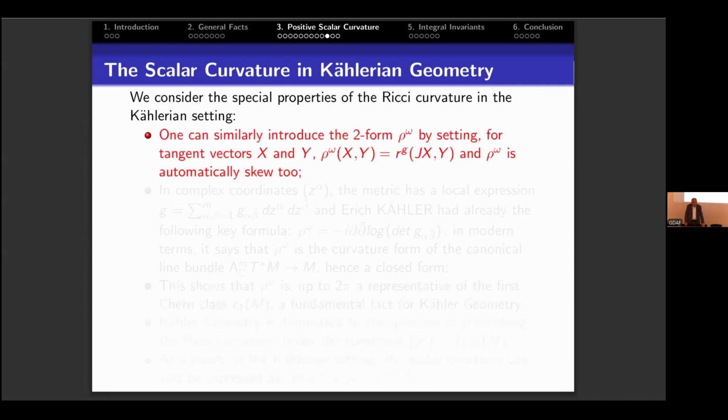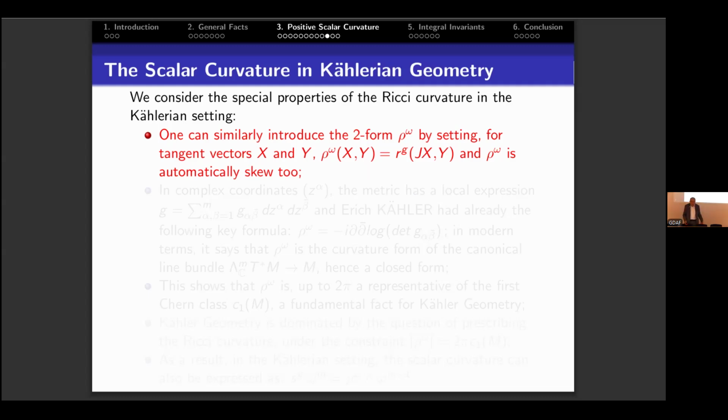The first one is that if you play with the Ricci curvature the same game as you played with the metric, that is, you look at Ricci J(X,Y), you create an object, rho of X,Y, which in the same way as omega was antisymmetric when g was symmetric, R, the Ricci curvature, is symmetric, and rho is antisymmetric. It's a two-form.